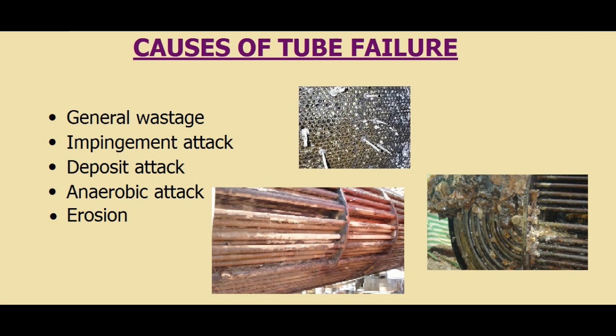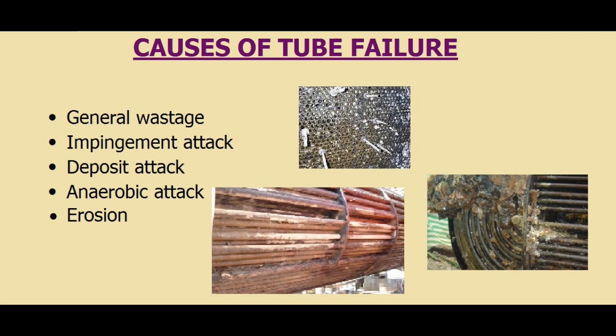Let's discuss the causes of tube failures. General wastage: this is due to acidic water, which prevents the formation of a stable oxide film. Impingement attack occurs due to turbulence.